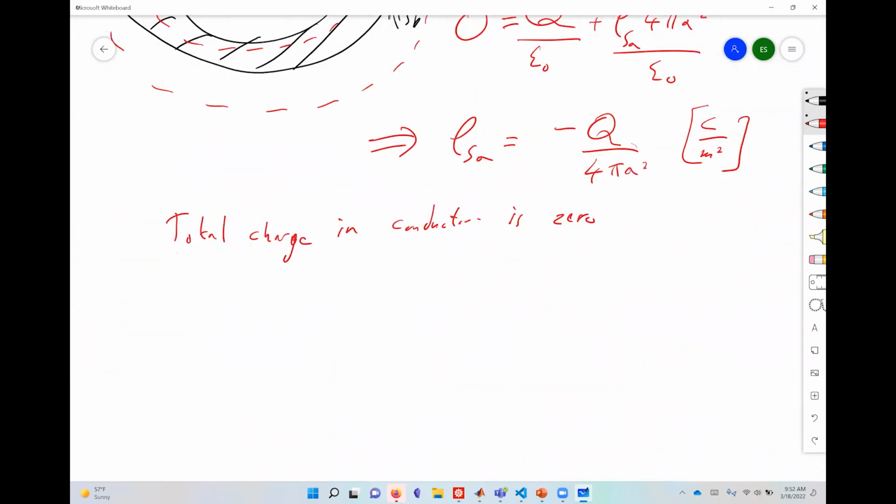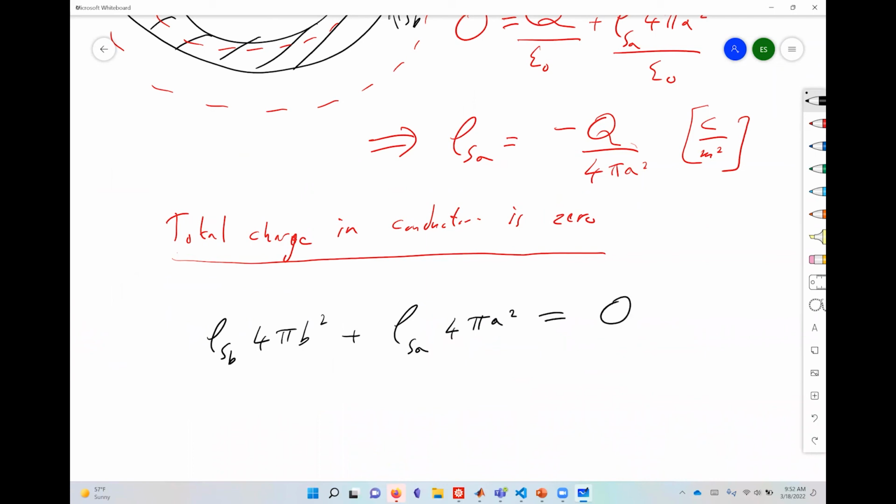But using the fact that total charge in the conductor is 0, we can say that the outer charge, rho SB times 4 pi B squared, plus the inside charge, rho SA times 4 pi A squared, needs to equal 0. So I can take 4 pi out. This tells me that rho SB equals minus rho SA times A squared over B squared.